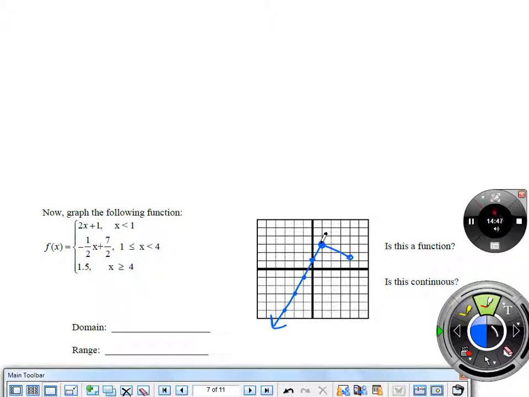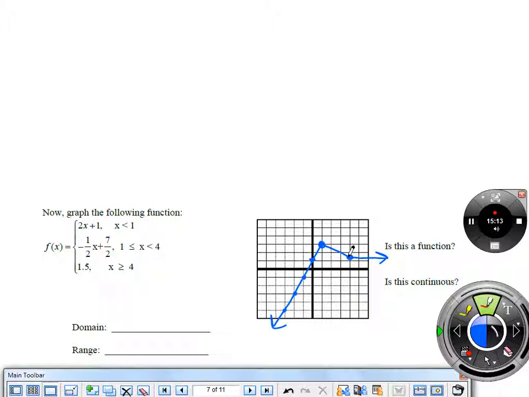But the next portion of the graph also includes the point 4, comma 1.5, and has it closed. So again, that open point is going to get overlapped by a point that is included. So it's just going to look like it was included as part of the graph. And then we graph from 4 over using that constant function. So it's just the 3 pieces you highlighted.